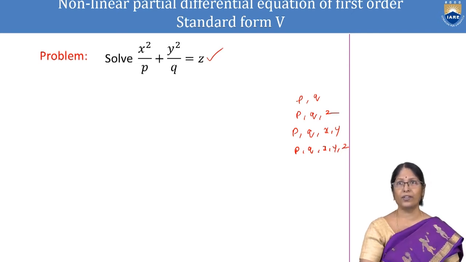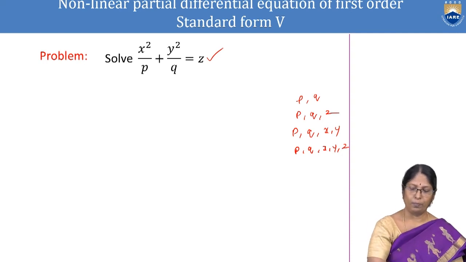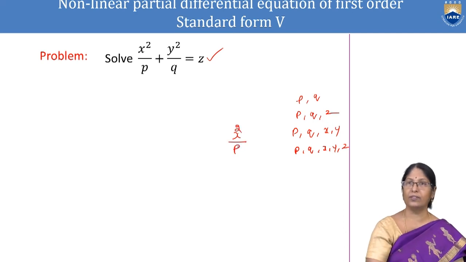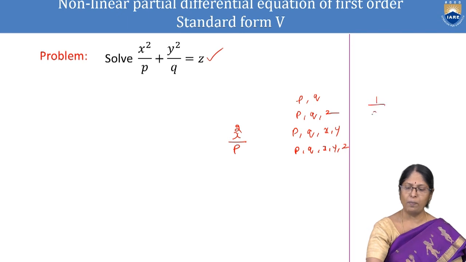Why? What is the reason? Because standard form 4 with P, Q, X, Y, Z has its own way, but here in the given question, x square by p is there. We know the exponential law: 1 by a power m, we can write as a power minus m.